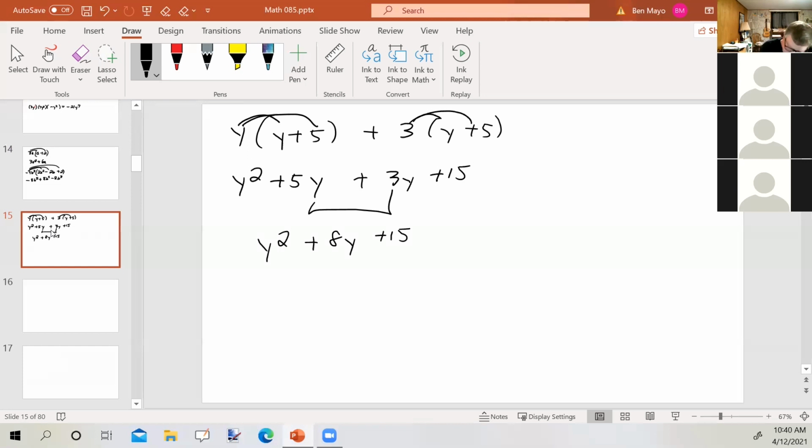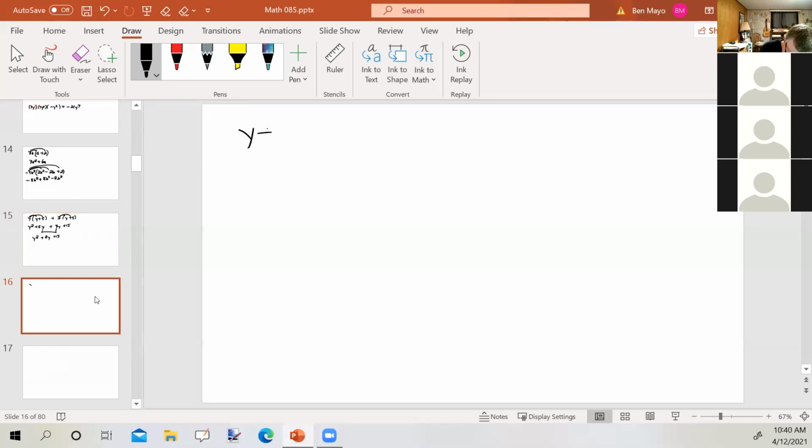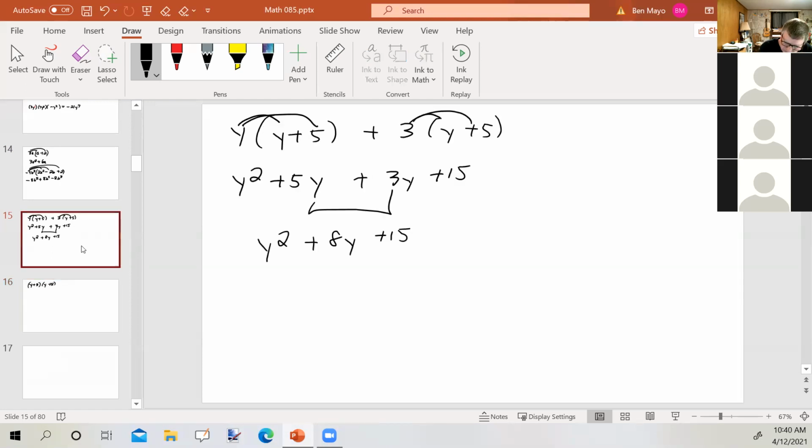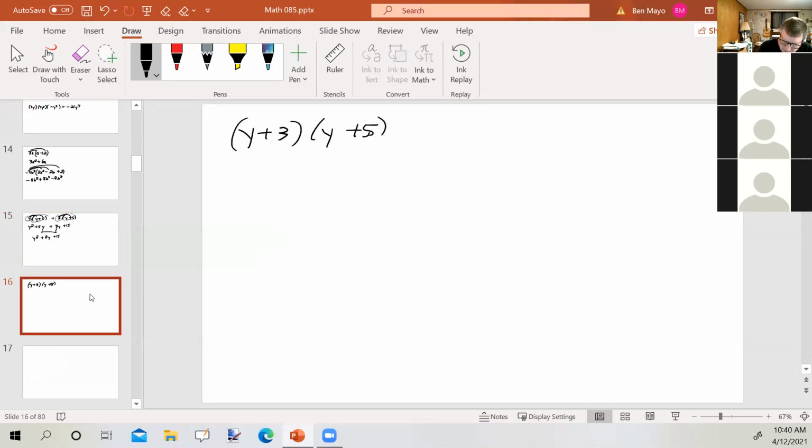All right. Now we're going to take y plus 3 times y plus 5. So instead of multiplying y times this and then plus 3 times that, I'm going to combine it. But I'm actually going to do the same thing as I did in the previous frame. I'm going to take y times y, which is y squared, and then y times 5, which is plus 5y.